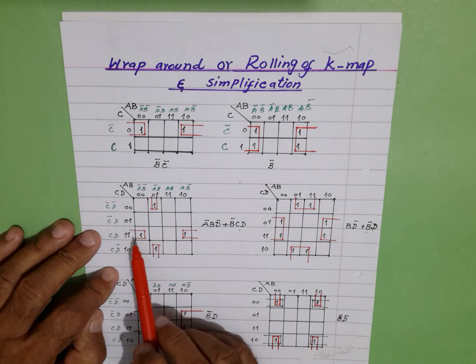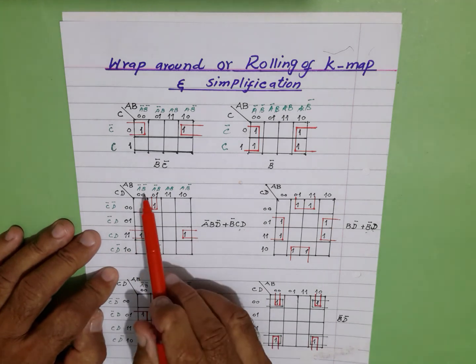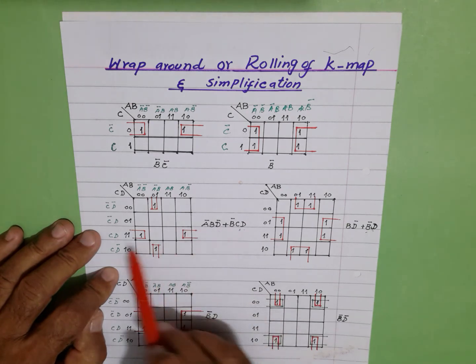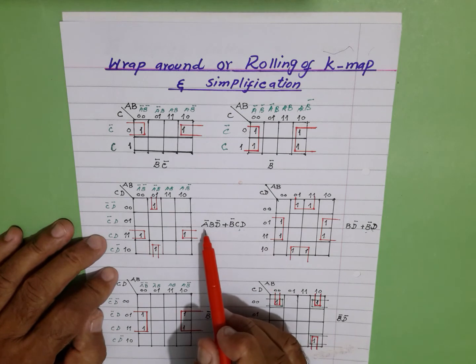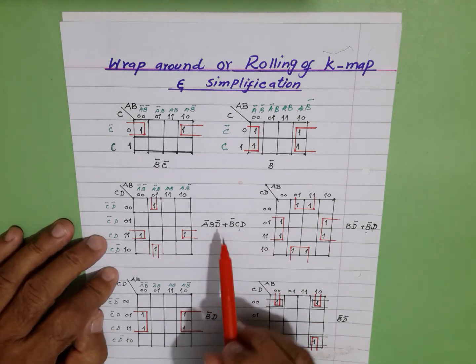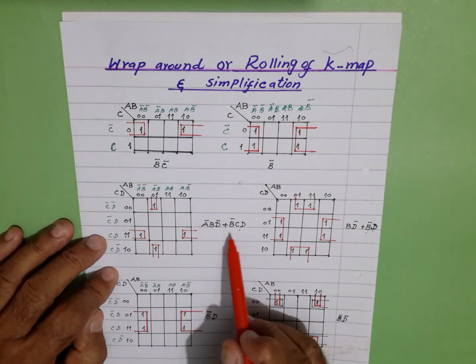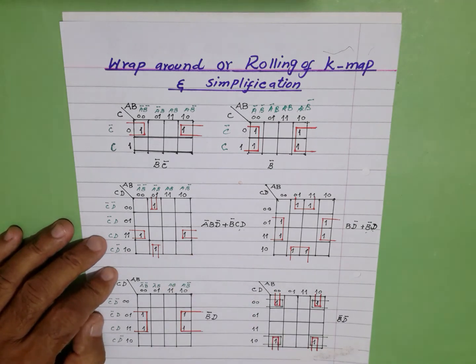The second group, rolling left to right, we see B bar is constant, and then CD is constant, B bar CD. We need 1 inverter, 2 inverters, 3 inverters, and 1 AND gate, 5, plus 1 OR gate, 6 gates to perform this function.